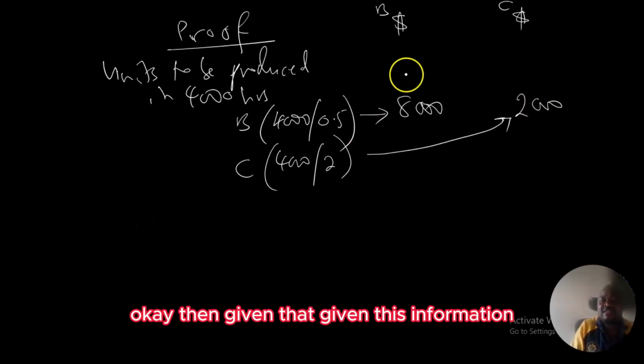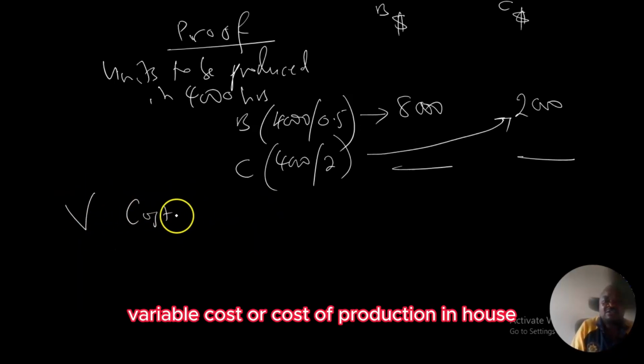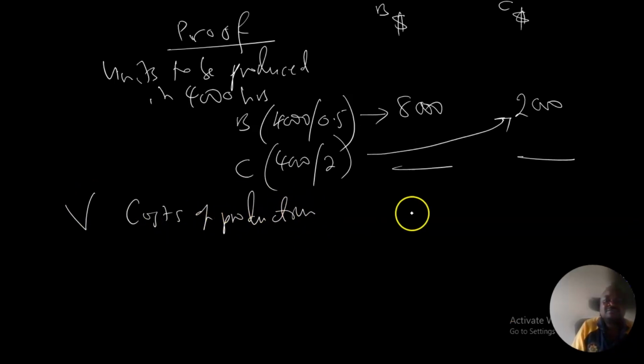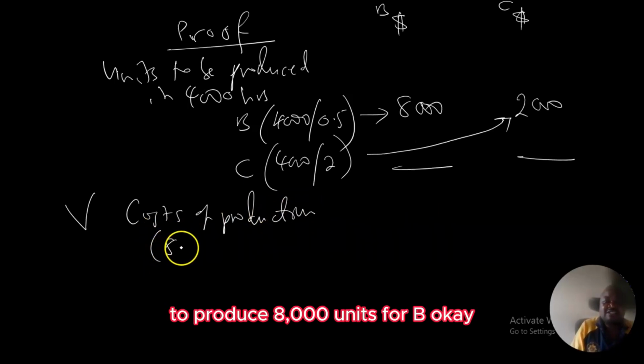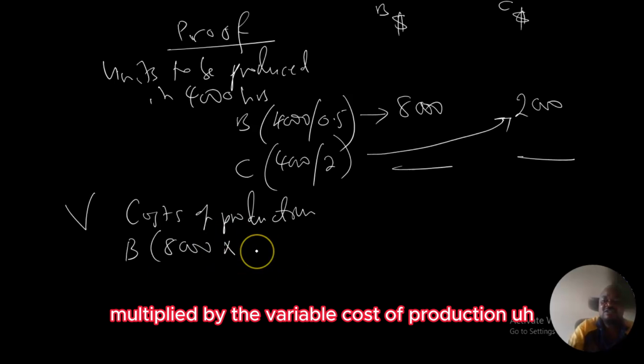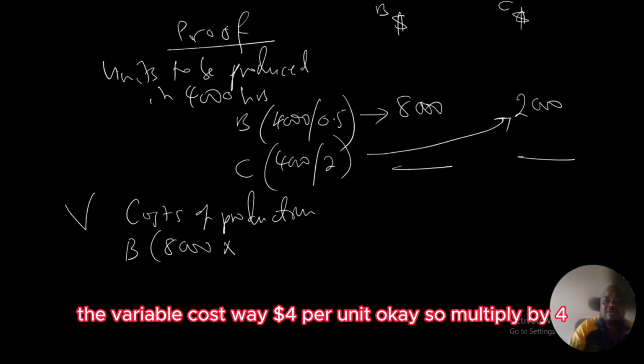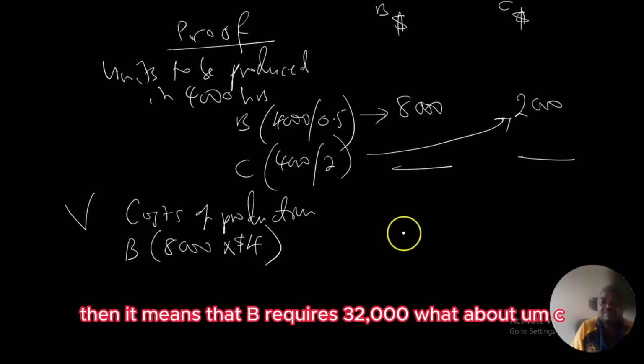Given this information, we then come here and say variable cost or cost of production in-house. To produce 8,000 units for B, that's 8,000 multiplied by the variable cost of production. The variable costs were $4 per unit, so multiplied by 4, B requires 32,000.